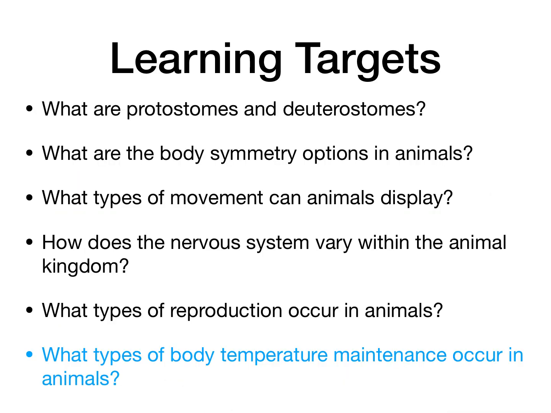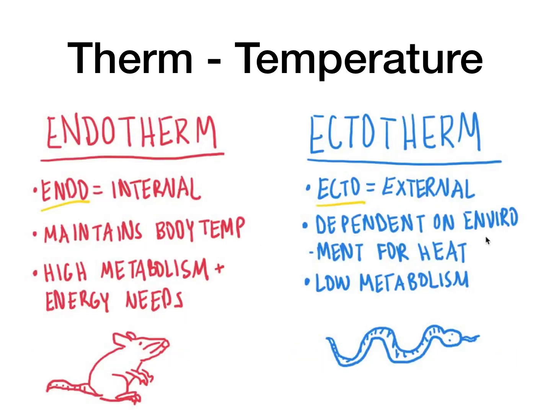Finally, body temperature maintenance. There are two options here: endotherms and ectotherms. If you can remember, therm means temperature, and endo and ecto are internal and external. You can usually get a pretty good understanding here. But the key piece is that if you're an ectotherm, you're dependent on the environment.